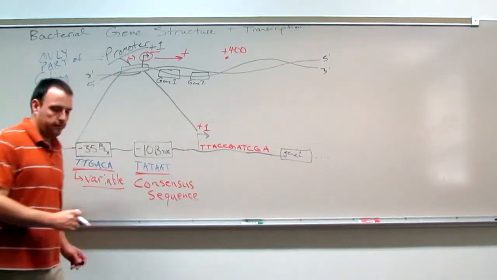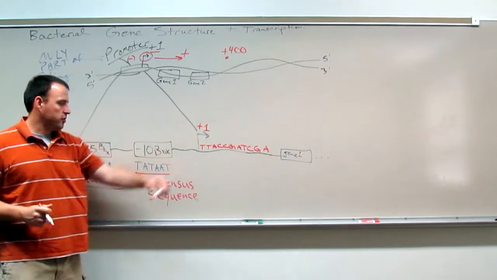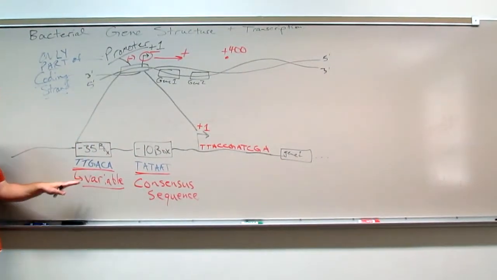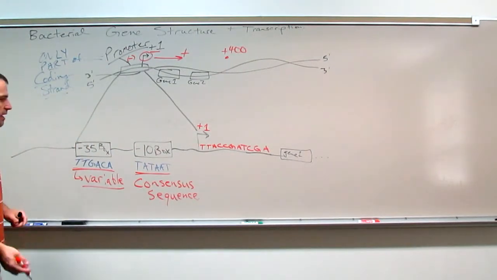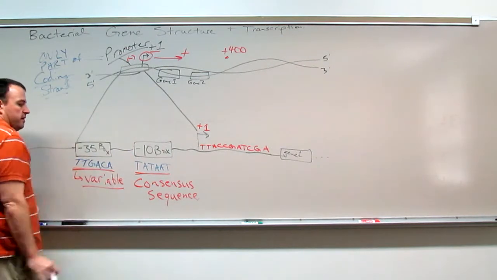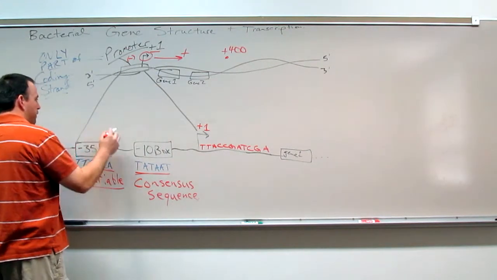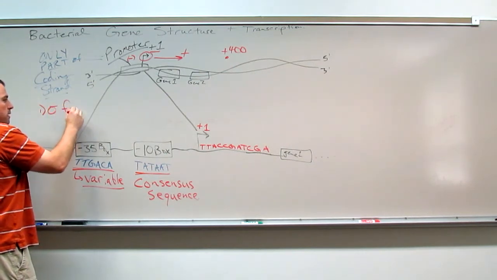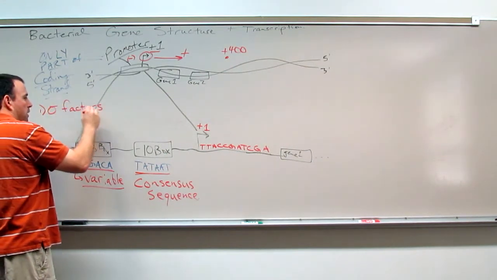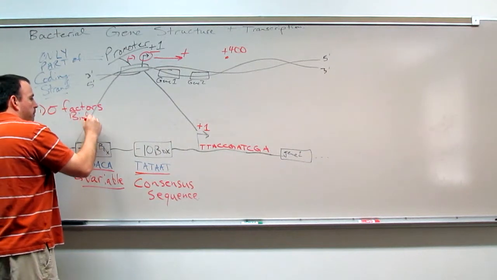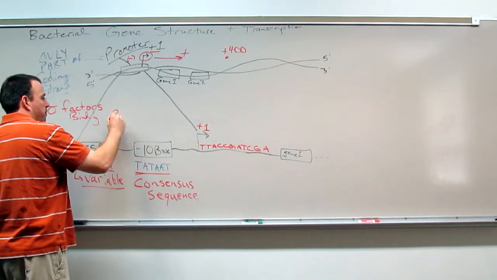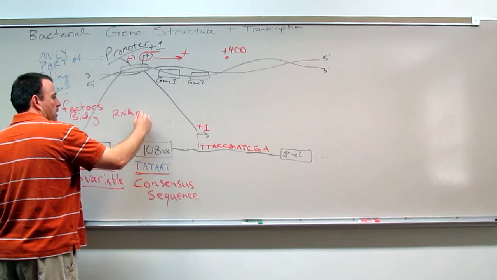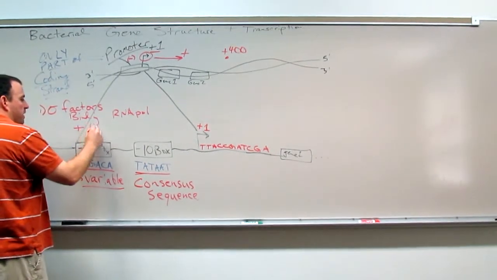And there's a lot more stuff as we move in the plus direction. Okay? So, sigma factors recognize the boxes. So the very first thing that you'll get is sigma factors binding to both RNA pol and the DNA.